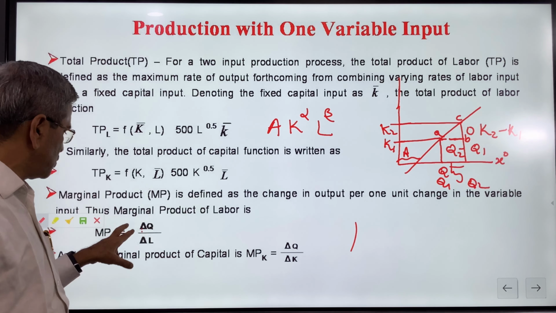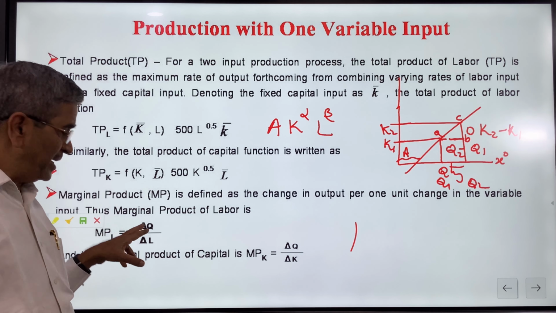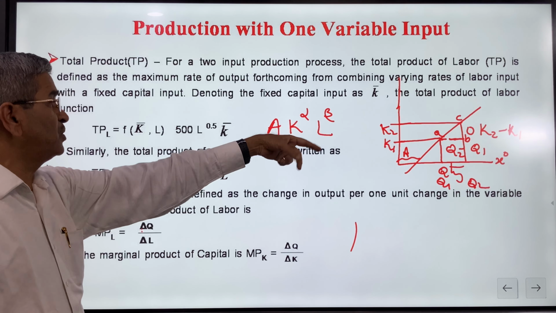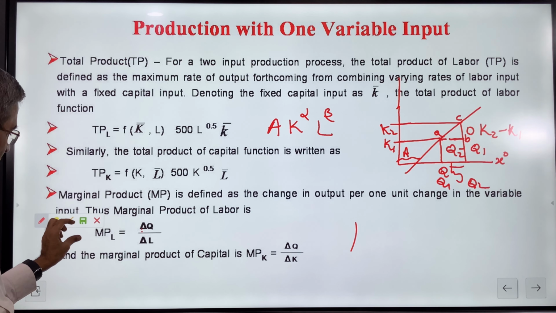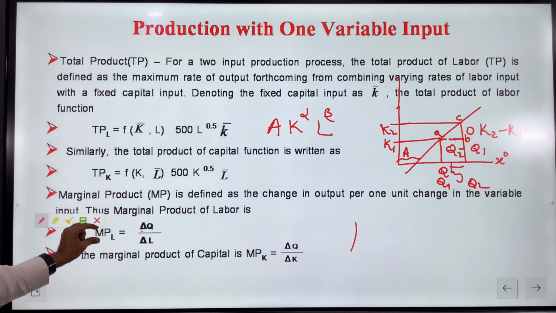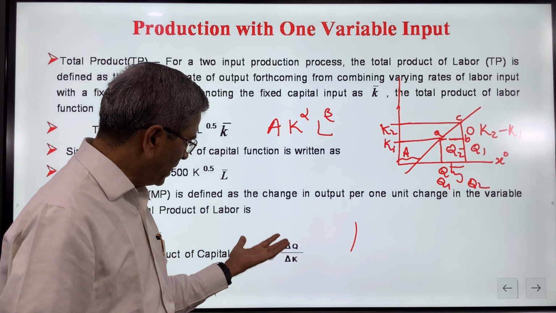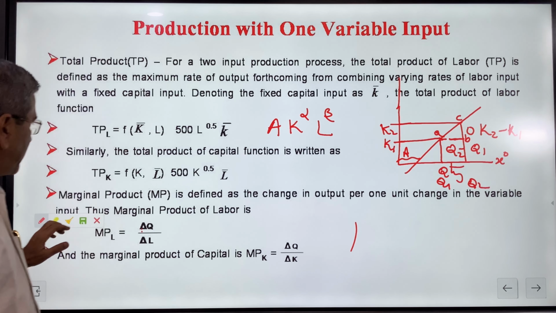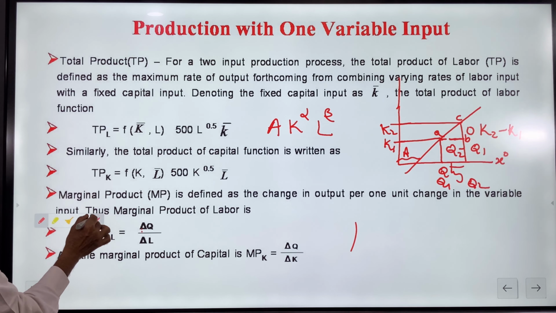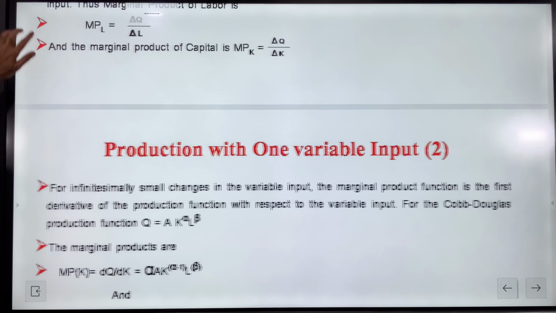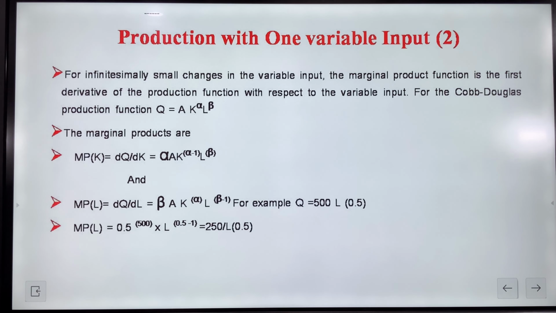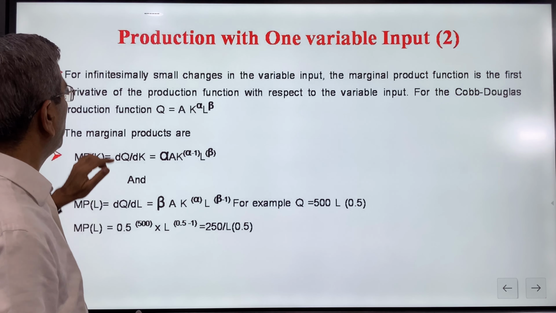So Q2 minus Q1 is delta Q, divided by delta L, which is L2 minus L1. That is defined as the marginal product of labor. Similarly, marginal product of capital is delta Q by delta K. So that is how we calculate the marginal productivity of labor. I think being engineering students, you can understand easily.